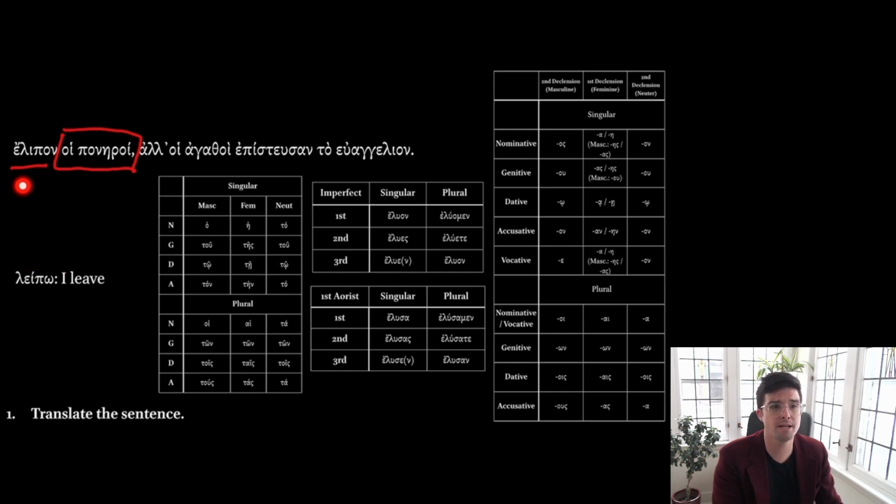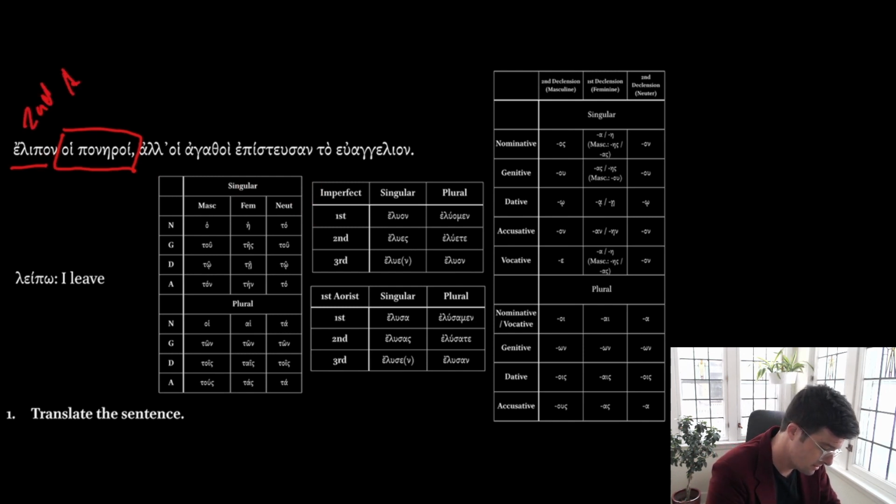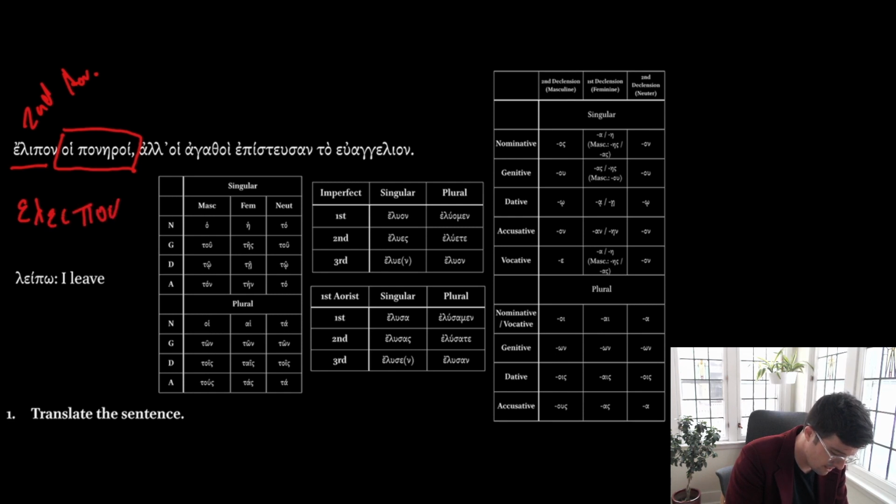And excuse me, I told you that this is an imperfect indicative. That is not accurate. This is a second aorist. Because remember, the imperfect is built on the present stem. So if this was an imperfect, it would look like this: elapon, with the epsilon in there.